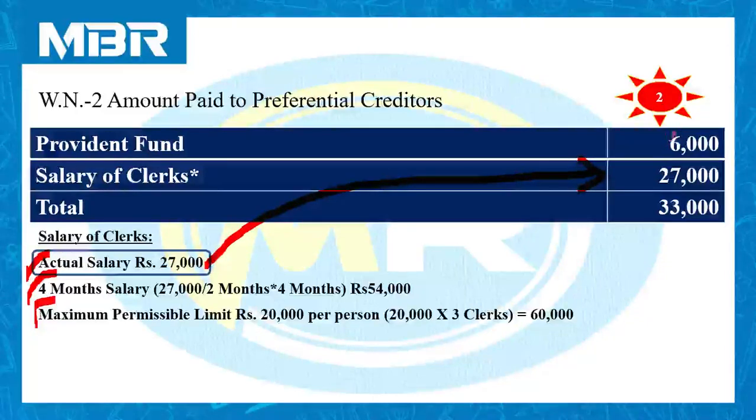So 6,000 for provident fund plus 27,000 salary of clerks is equal to total preferential creditors of 33,000.